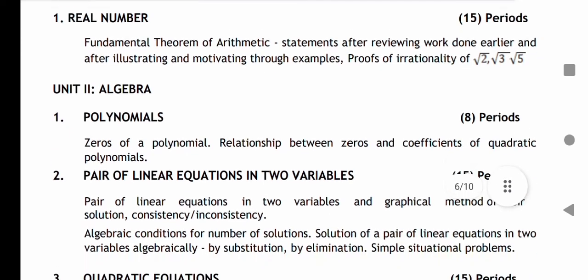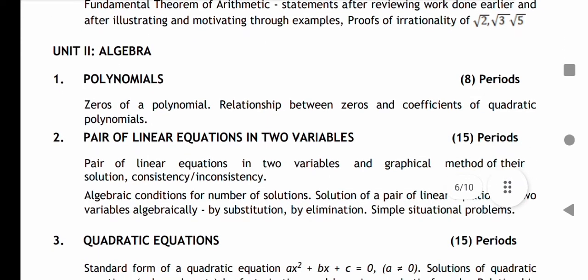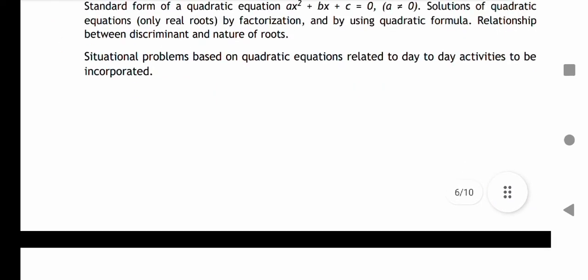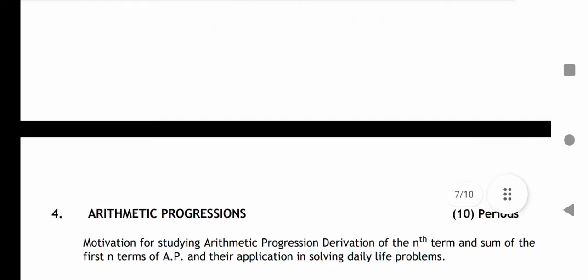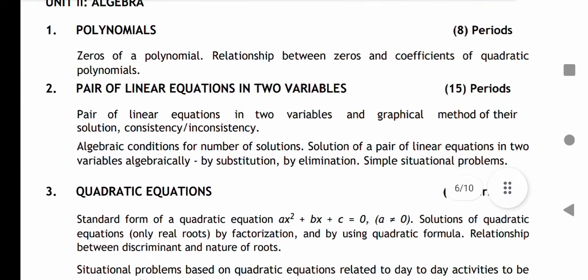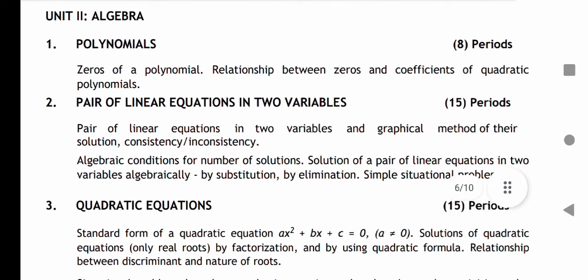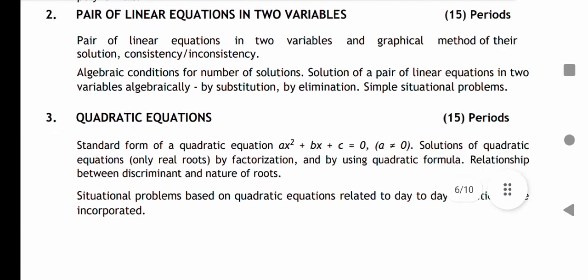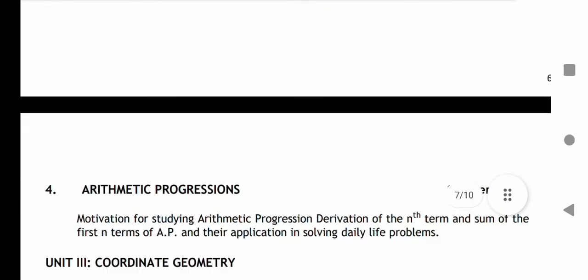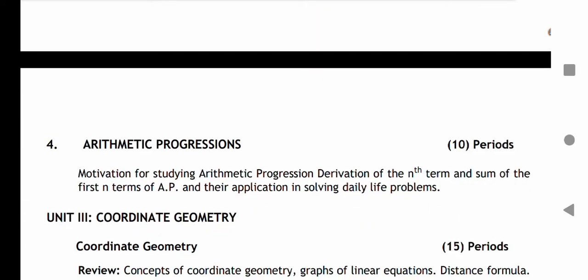And after that, unit second, algebra. In unit 2 there are 4 chapters. First is polynomials, second is pair of linear equations in two variables, third is quadratic equations, and fourth is arithmetic progression.